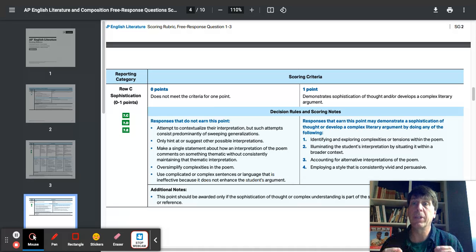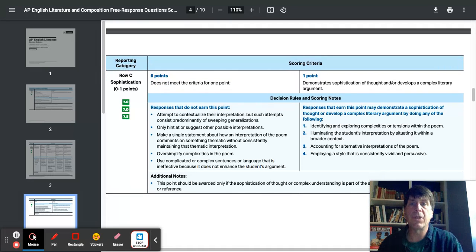This is really crucial because this is where you look at what I've written on some of your prompts, the next level of interpretation, where you look at the complexities, the conflicts within a poem, not where things just clearly make easy sense, but places where they don't make as much sense, places where there's tensions within the poem.